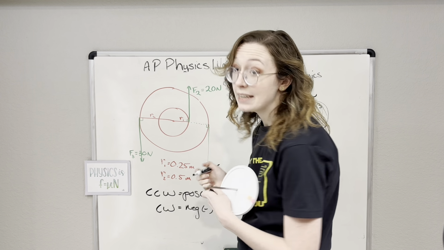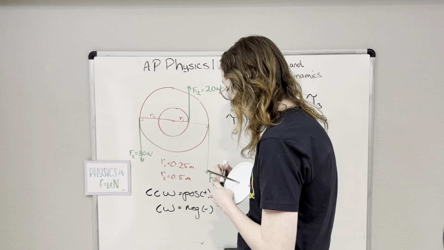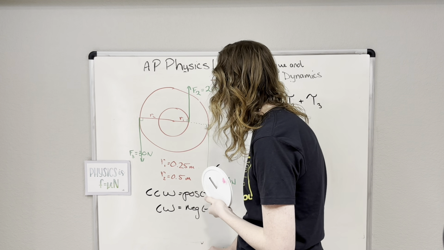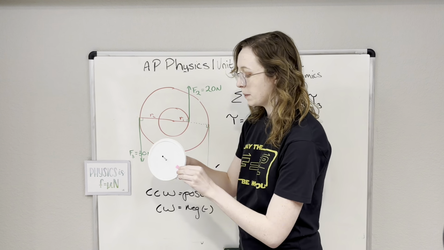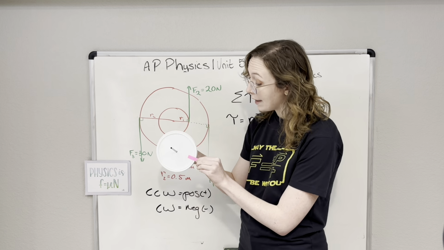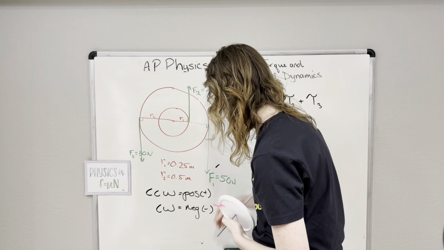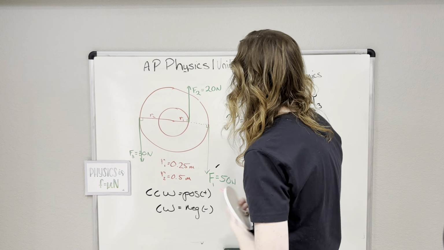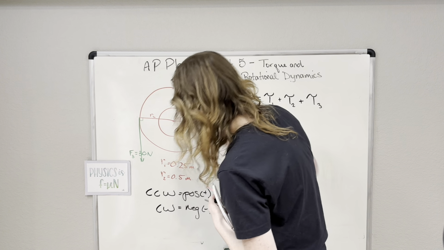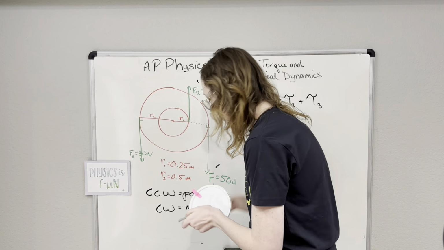It's going to be causing a negative torque. Force 2 is on the same side of our circle, but it is pulling upwards. So, as you might guess, it is going to cause a counterclockwise rotation, like so. So that would be a positive torque associated with force 2.